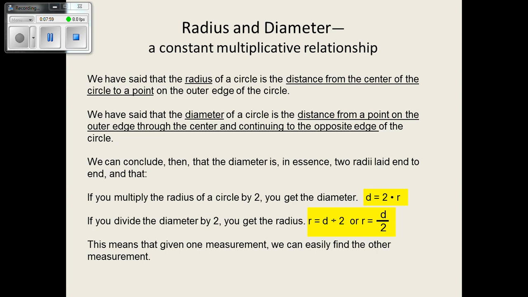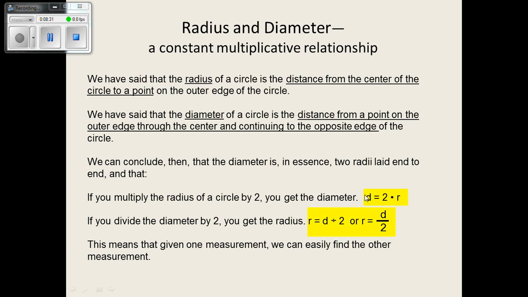And we have said that the diameter of a circle is the distance from a point on the outer edge through the center and continuing to the opposite edge of the circle. We can conclude then that the diameter is in essence two radii, which is the plural of radius. So it's basically two radiuses, which we should call radii, laid end to end. And that if we multiply the radius of a circle by 2, we can get the diameter.